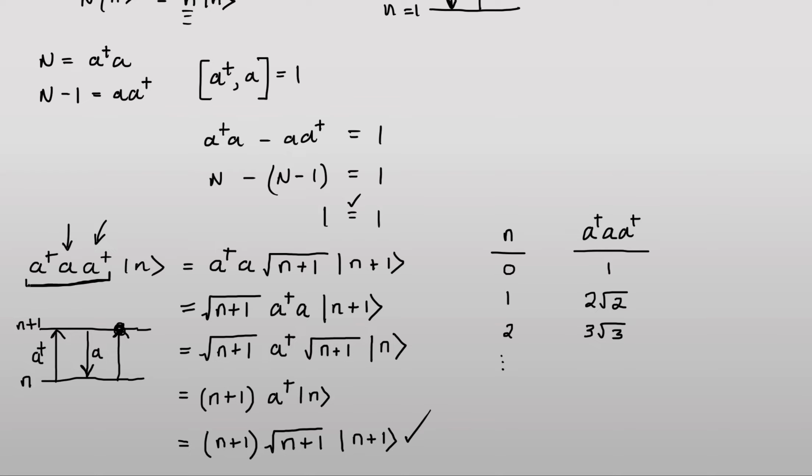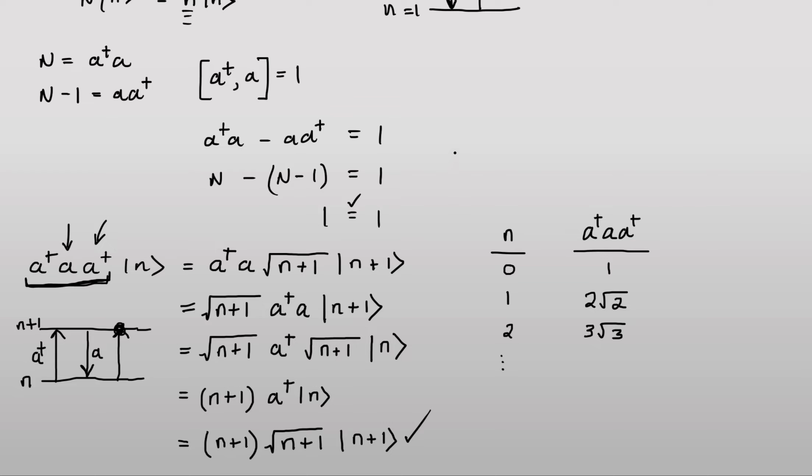So that checks out. We have the n+1 state, and this is the eigenvalue for this global operator here. Again, these are just operators, and we get the associated eigenvalue for this operator.